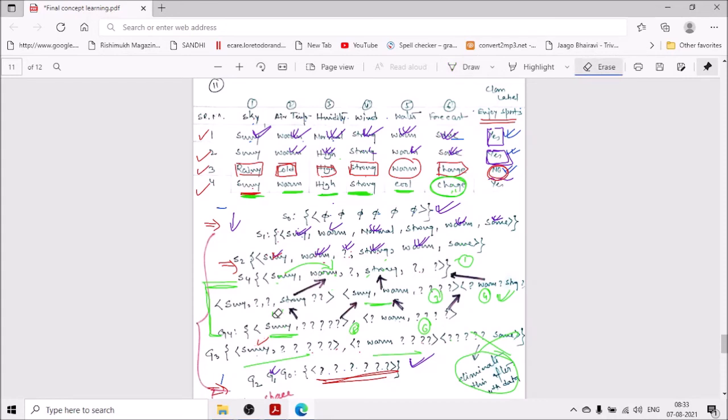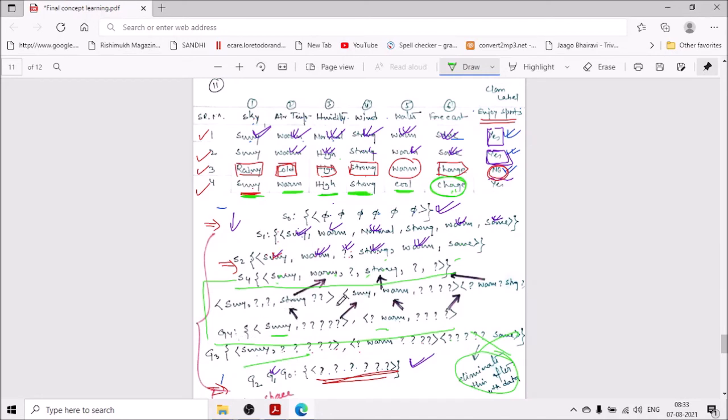Are you getting this one? So after considering all the data, we have two boundaries. We have two hypotheses, most specific and most general. So this one is the most specific. This one is the most general. So from this boundary, we have to enumerate the other hypotheses. So here a single attribute is there. Just above that, we have to identify the hypotheses which are more specific than G4.